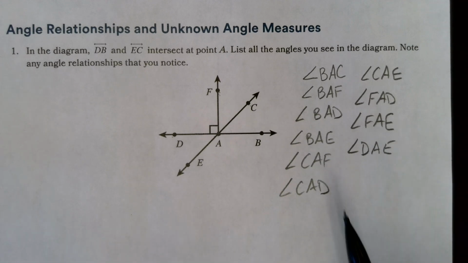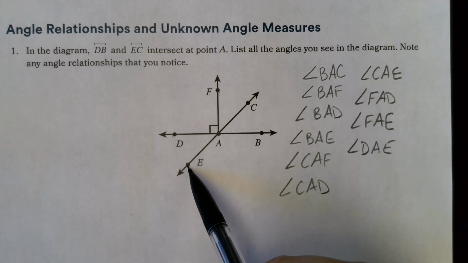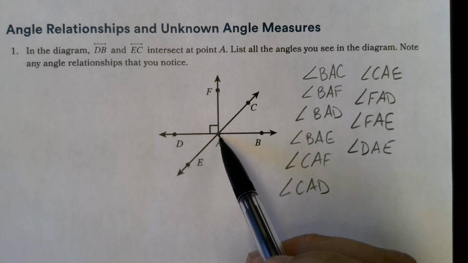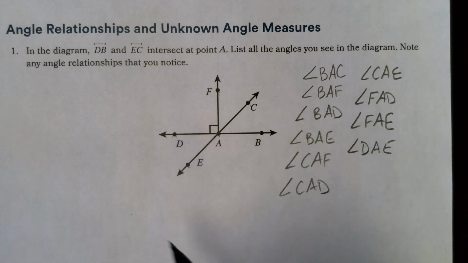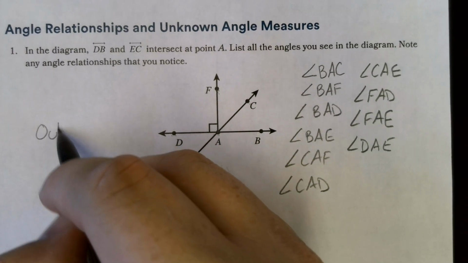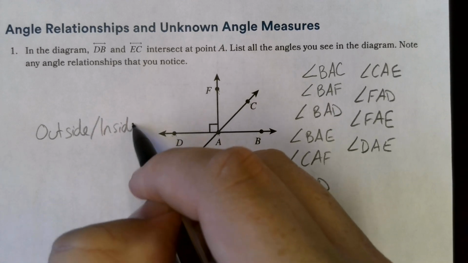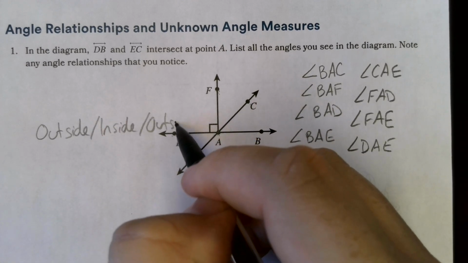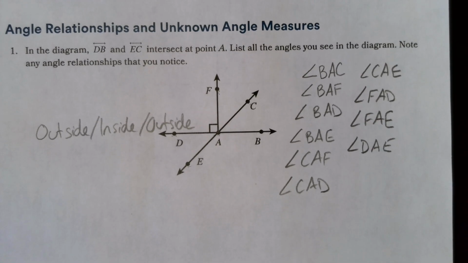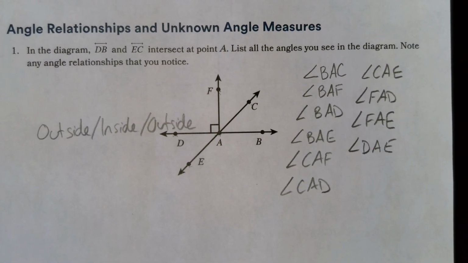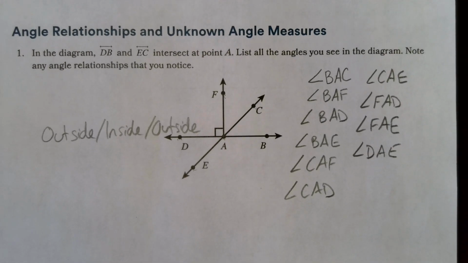Again, when you're naming a point, you start at an outside point, go to the inside, and come back to an outside. So think of it like this: outside, inside, outside. So when you're writing these angles, make sure that you're writing those down in that order.